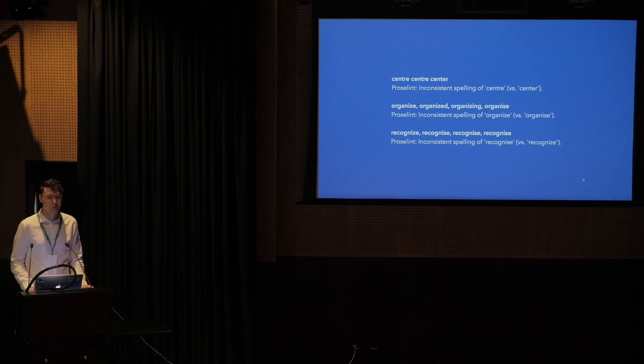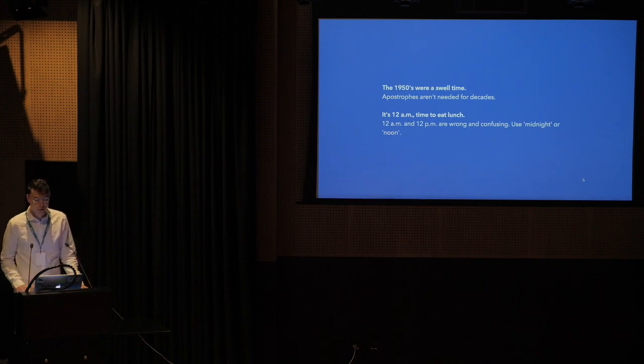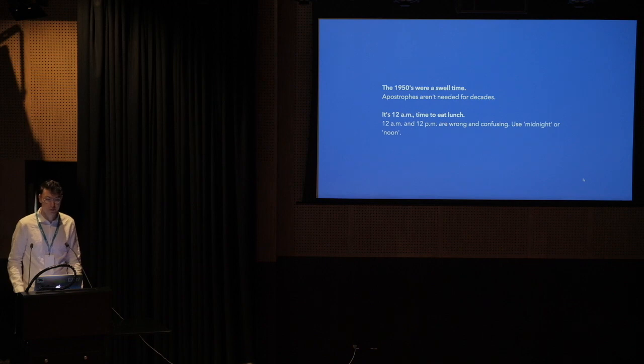It looks for British and American spellings that are wrong. It'll also pick you up on stuff like apostrophes aren't needed here. And if you use 12 a.m., it'll suggest you use midnight. This is really helpful for developers because a lot of us come from science backgrounds or backgrounds where we haven't done much formal writing recently.